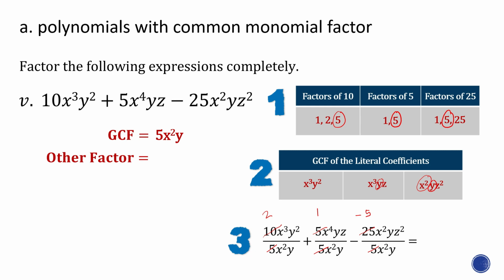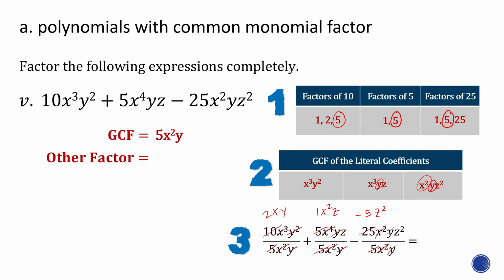Next, let's consider the literal coefficients now. X cubed over x squared is x. Y cubed over y is equal to y. X raised to 4 over x squared is x squared. Y over y cancels out. Okay, we have z here. X squared cancels out. Y also cancels out.